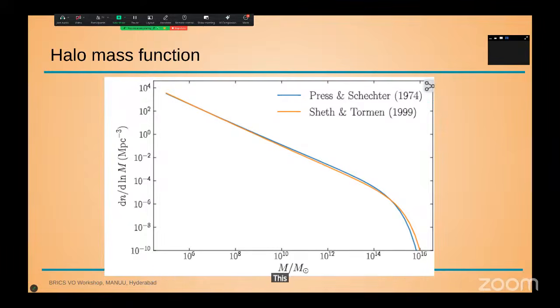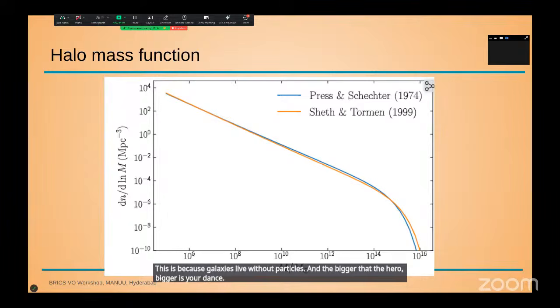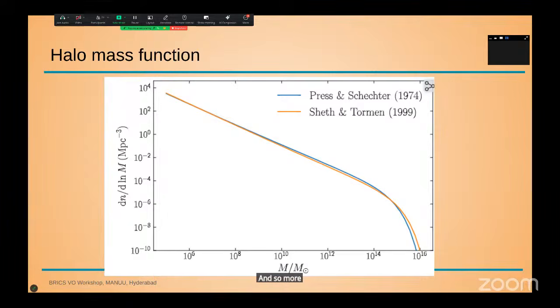This is not a coincidence that the luminosity function also looks like this. Galaxies live in dark matter halos, and the bigger the dark matter halo, the bigger your galaxy. So more luminous galaxies live in more massive halos.